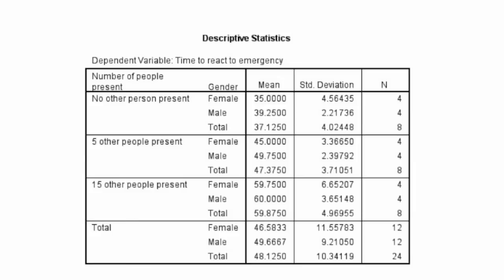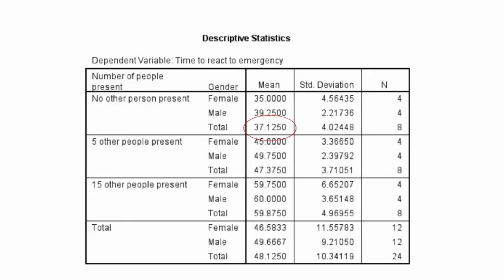With the descriptive statistics table, you get an initial sense of the main effects, if there are any, of each independent variable. For example, those that had 15 people present, regardless of gender, had a longer total time to respond to the person in distress, 59.87 seconds, than when there was no other person present, which is 37.1 seconds.